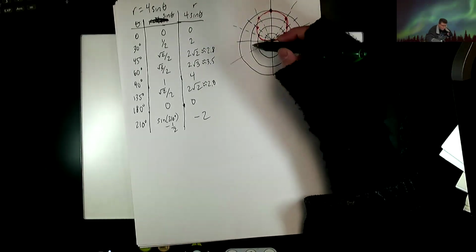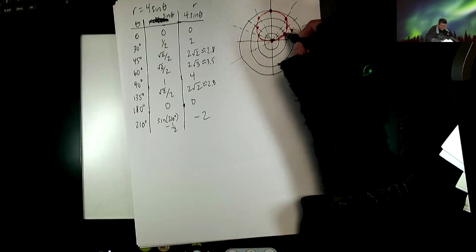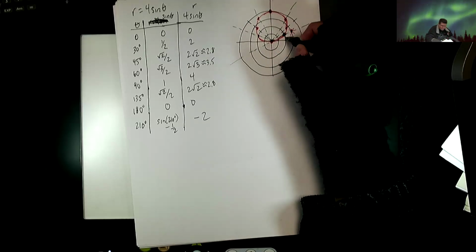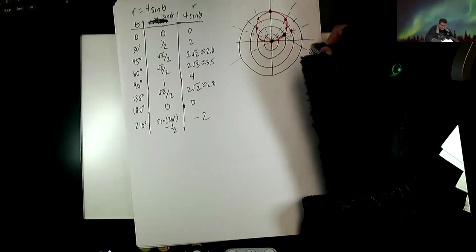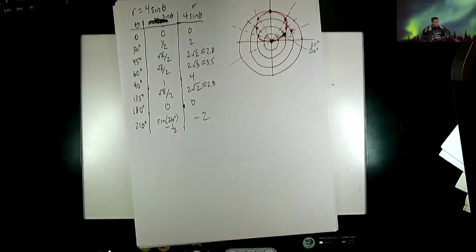So when I go 210, I go -r, and that's both 210 and 30 degrees. Both of them landed on the same dot. So it looks like this does the circle twice. All the signs are going to be negative, and we're going to have a negative radius.